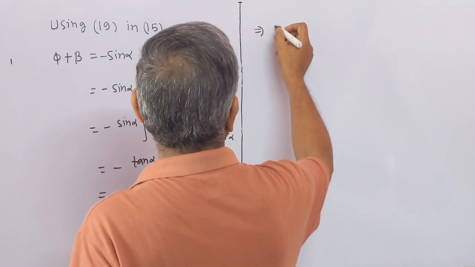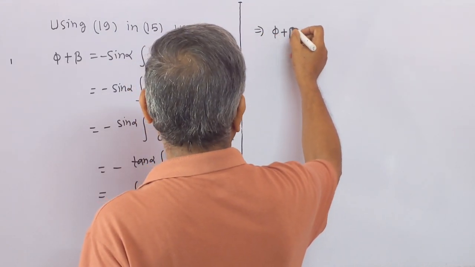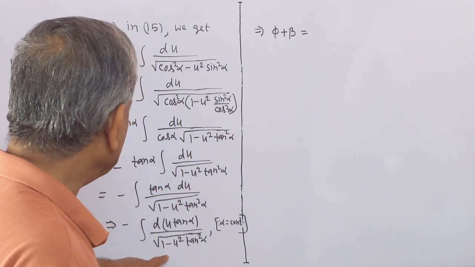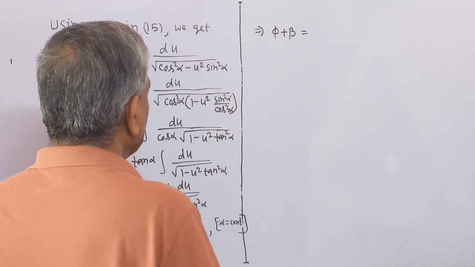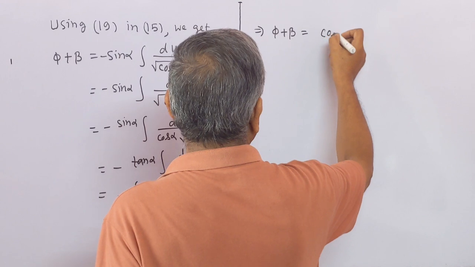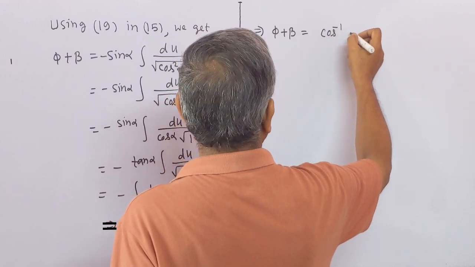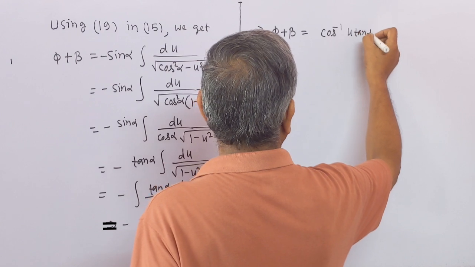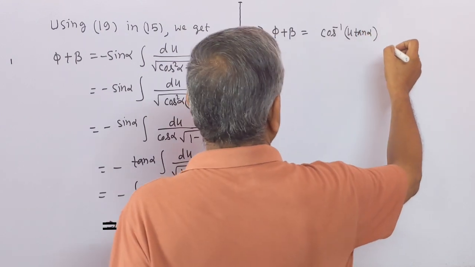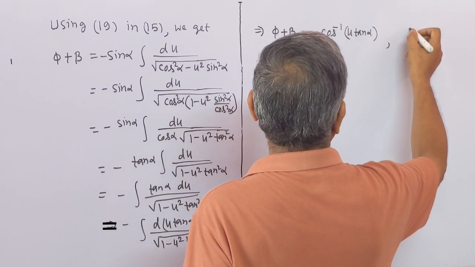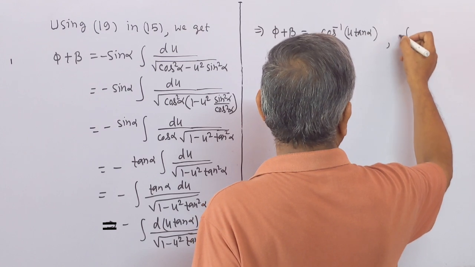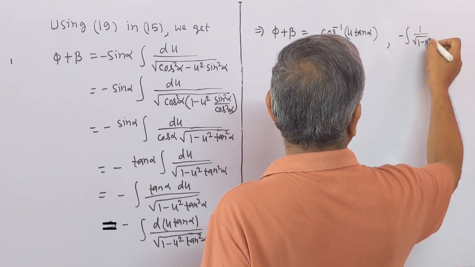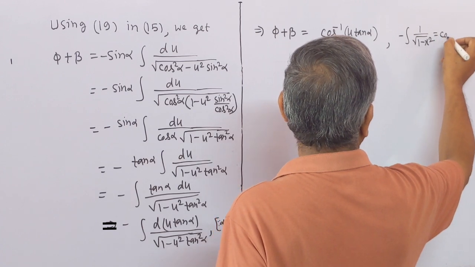This implies that phi plus beta equals cos inverse of u tan alpha, because the integration of minus 1 by square root of 1 minus x square equals cos inverse x.